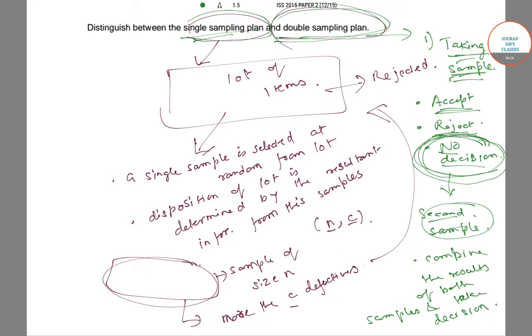The second sample is taken if and only if we do not get a definite result from the first sample. In that situation, we make the decision based on both the samples.